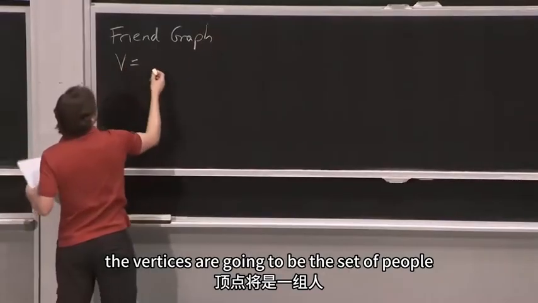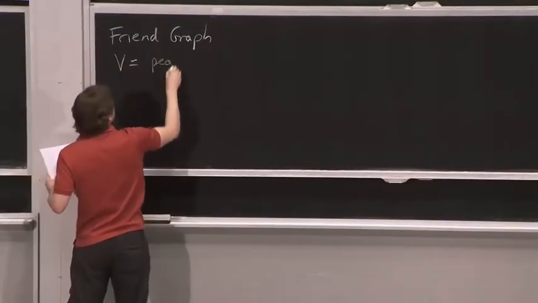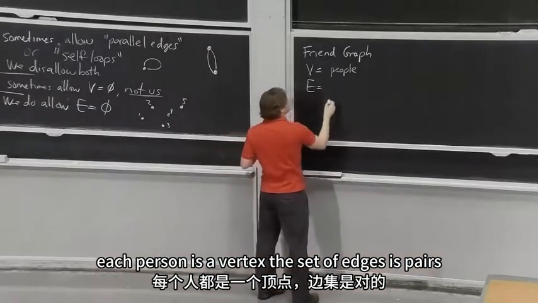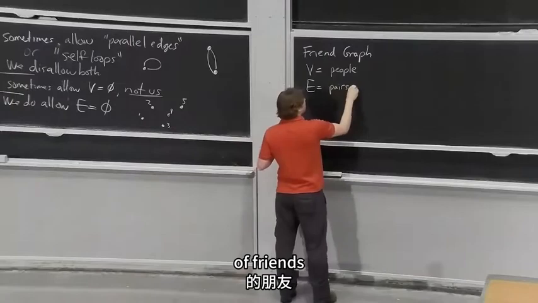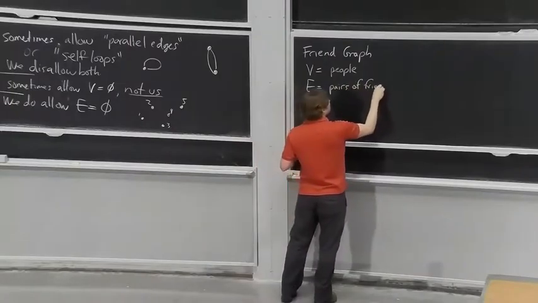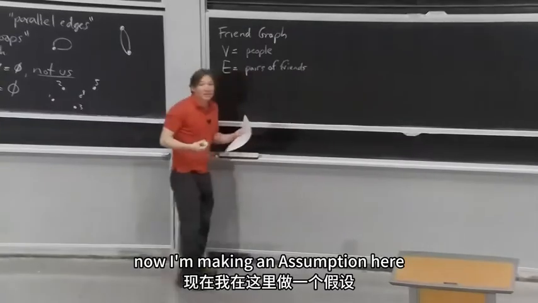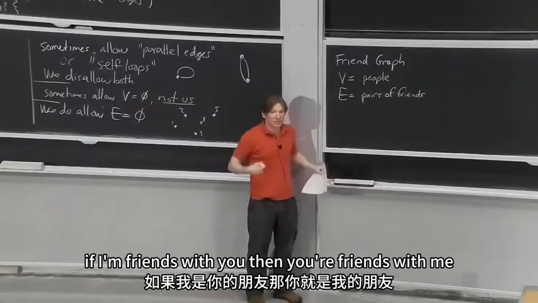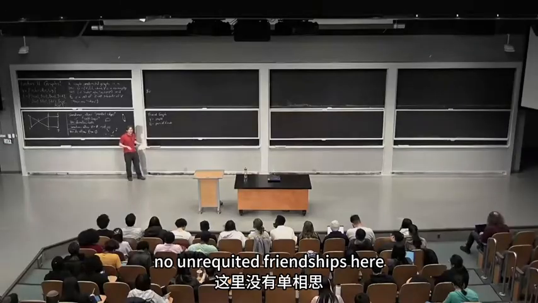The vertices are going to be the set of people. Each person is a vertex. The set of edges is pairs of friends. Now, I'm making an assumption here that friendship always goes both ways. If I'm friends with you, then you're friends with me. No unrequited friendships here.